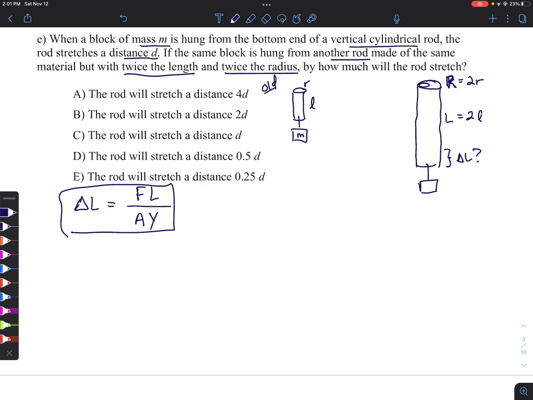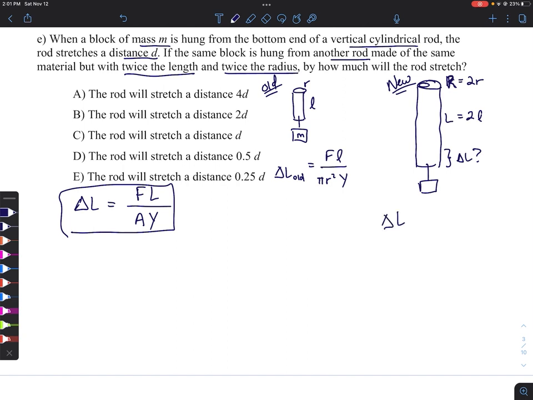So if this is the old situation and this is the new situation, we can say, okay, the delta L old is equal to the force applied, which is just mg in both cases, so that's the same, times its length, so here the length is L, and then we divide by the cross-sectional area A, which is pi r squared, times the Young's modulus.